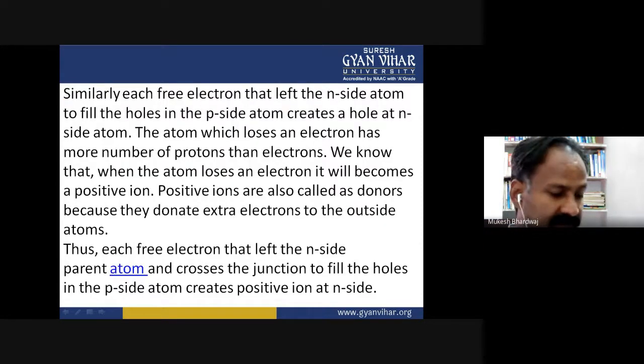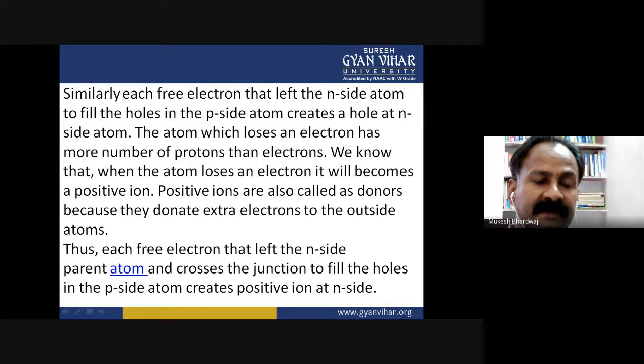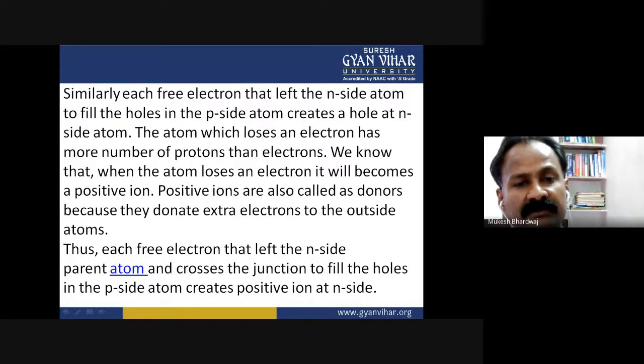Similarly, each free electron that left the n side atom to fill the holes in the p side atom creates a hole at the n side atom. The atom which loses an electron has more protons than electrons.